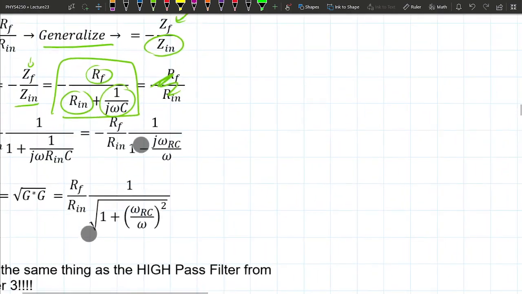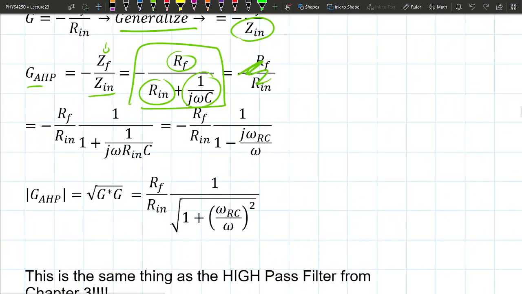So what I'm going to do is massage this equation until I get to something I can deal with. I'm going to factor out RF and Rn from the top and the bottom. So the top you get 1, the negative sign stays out here.